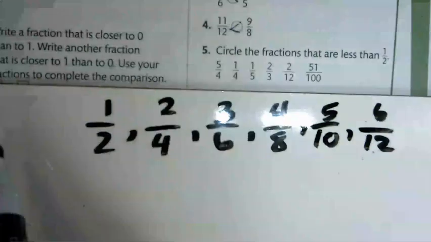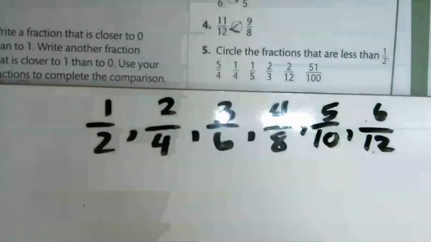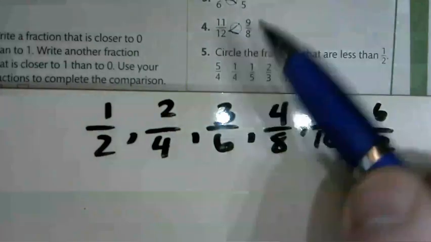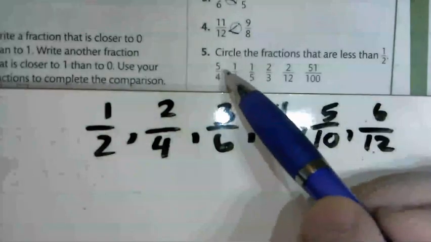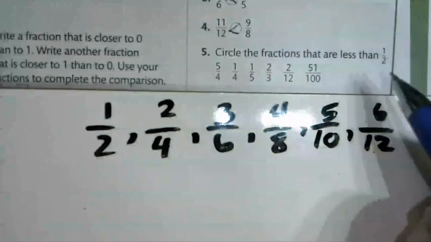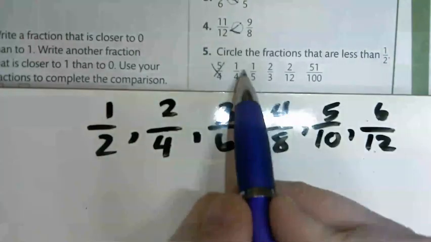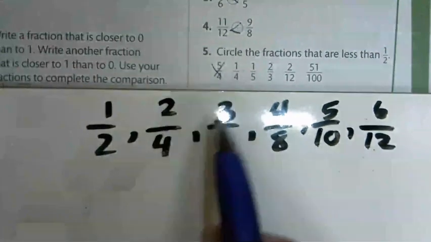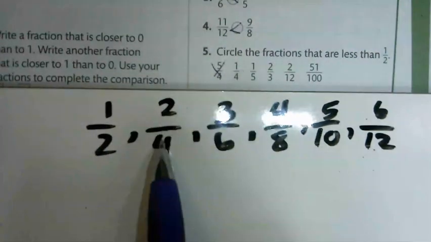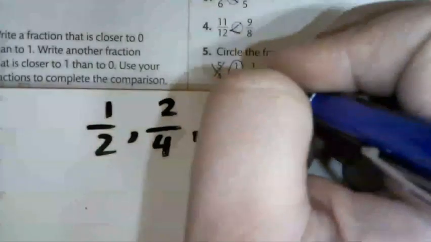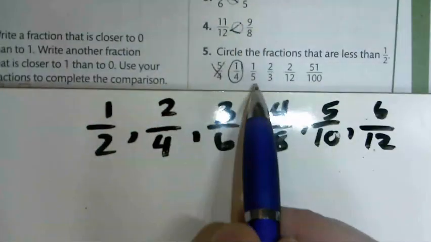These are all 1/2. They're all the same. So let's take a look up here. Well, I just told you that if there is a number that has a larger numerator than denominator, it's bigger than 1. So is that going to be less than 1/2? No. Cross it off. 1/4. Well, here's my fourth. Is 1/4 less than 2/4? It sure is. 1/5. Uh-oh.